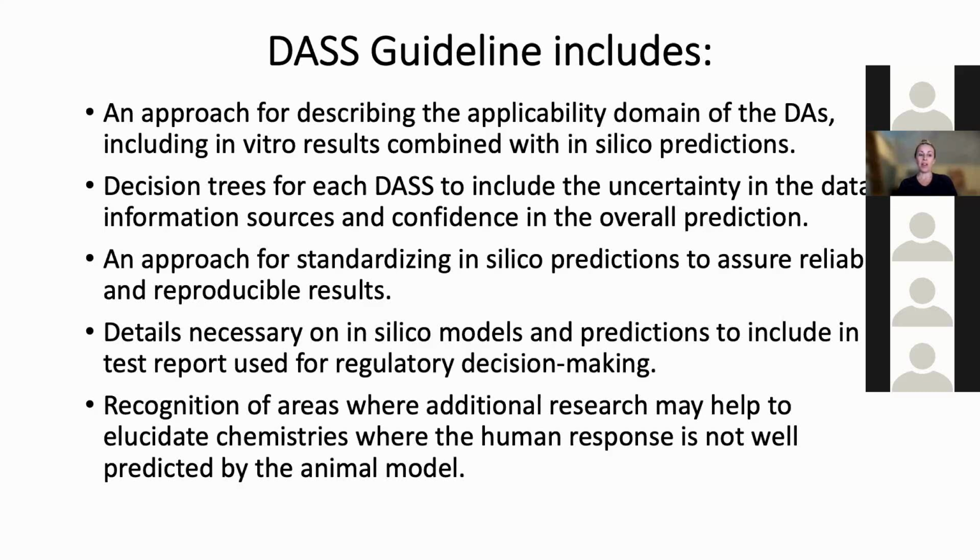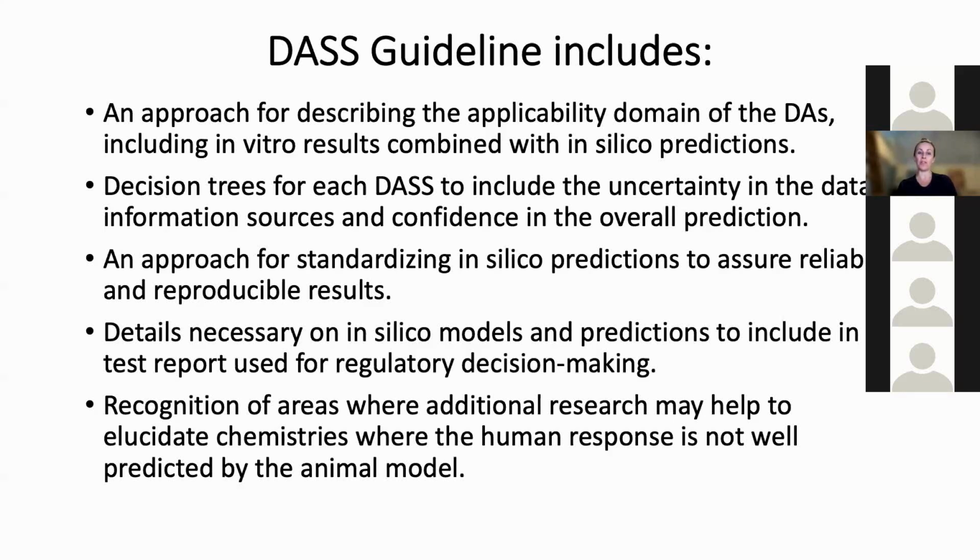And then we have also, within the discussion in the introduction and some of the work that I'm going to talk about that we're doing to follow up, throughout the course of the project, we recognize that there are areas where additional research may be needed because there are certain chemistries where the in vitro approaches, the defined approaches, disagree with the animal models, but actually agree with the human response.